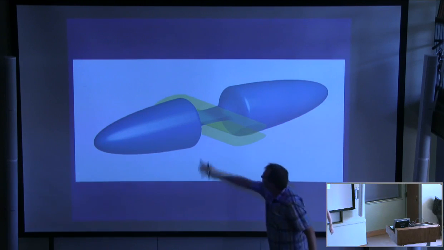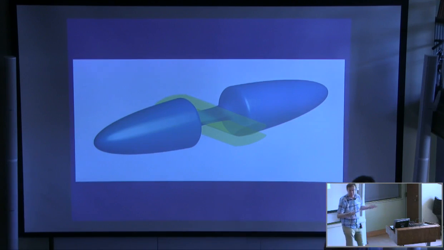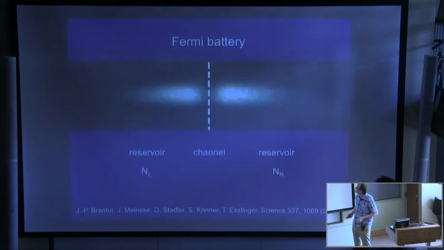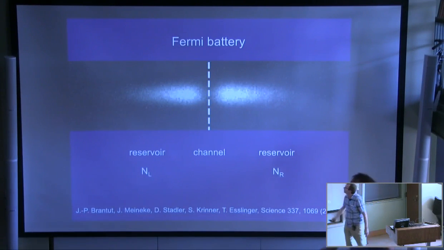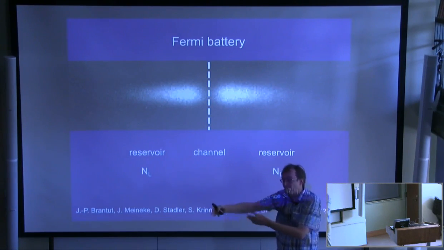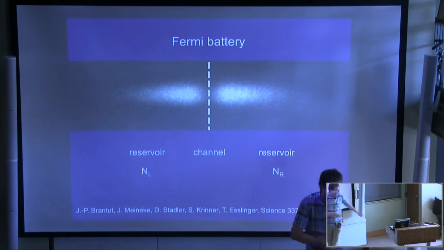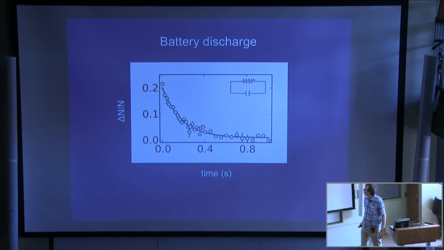So now just to tell you how we measure. We prepare some more atoms here than there, and then we measure what is happening, okay? And we take images. So we kind of have a Fermi battery, and then we discharge it. So the atoms will flow from where there are more to where there are less. And then we get curves like this. So these are discharge curves. And you can really look at it as if you are discharging a capacitor.